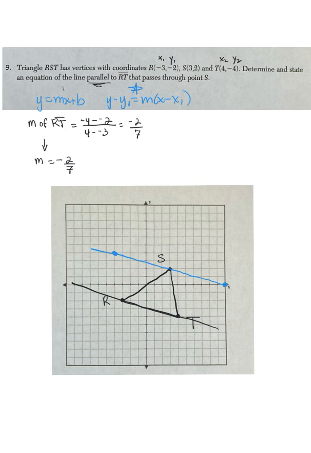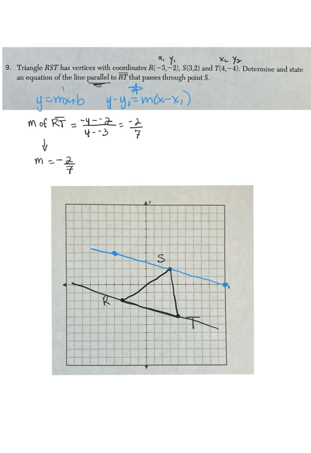Now, remember, when we use this equation, we need a point. Well, we got it right here, S. That's a point on the line. Now, by the way, I could use this point. I could use this point. Okay, any point that meets at a nice, pretty spot. Like I wouldn't want this point because I have no idea what the coordinates of that are.